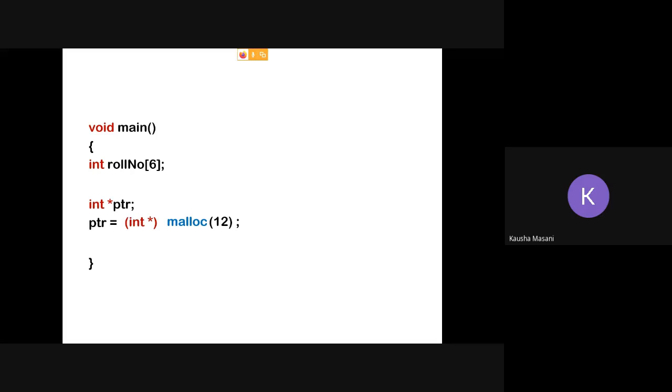So when we do that, we can say that the integer array roll number of size 6 and malloc 12 are going to assign the same memory. So 12 bytes get allocated.